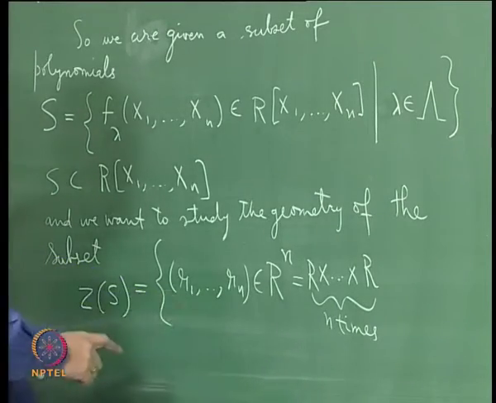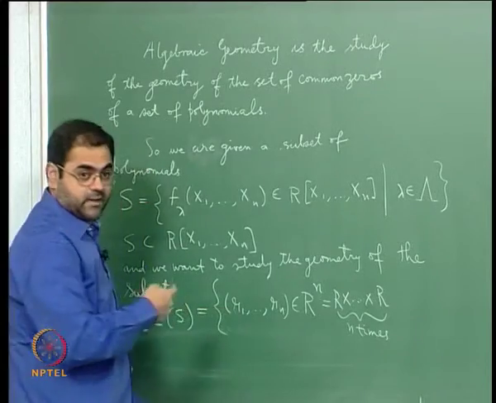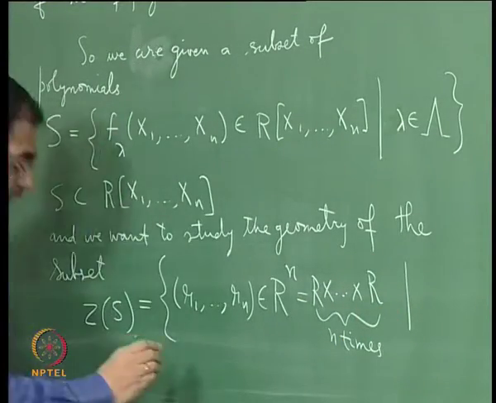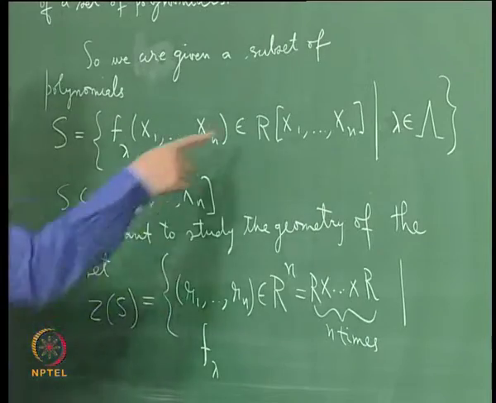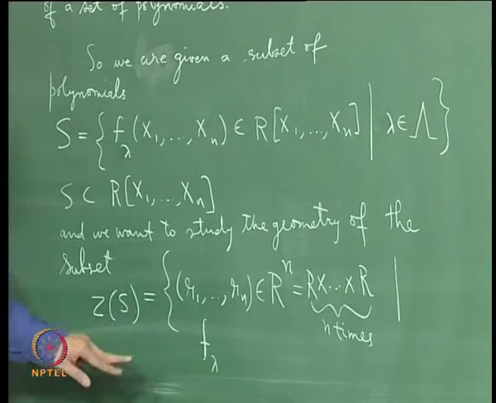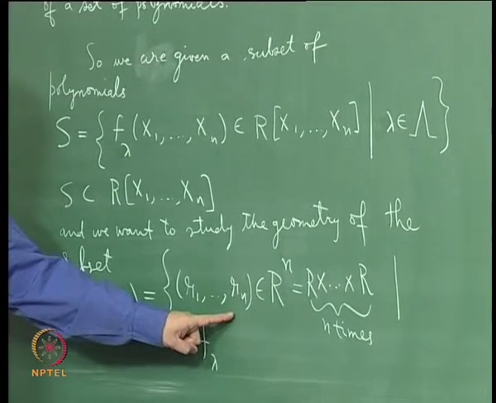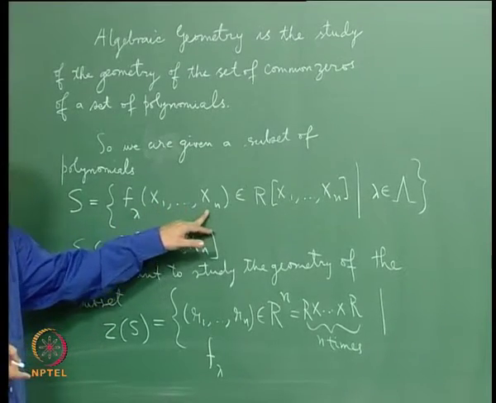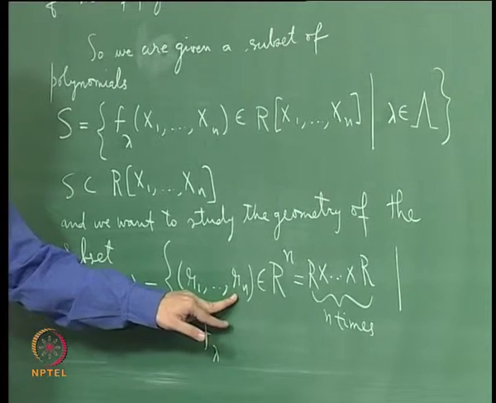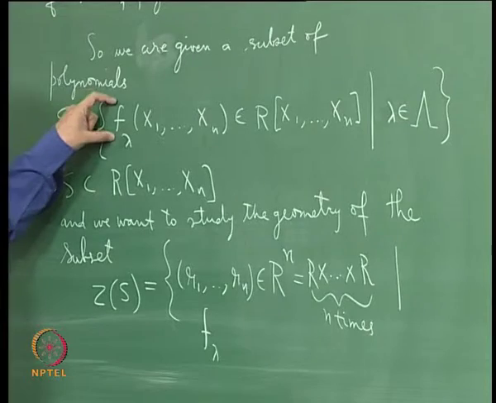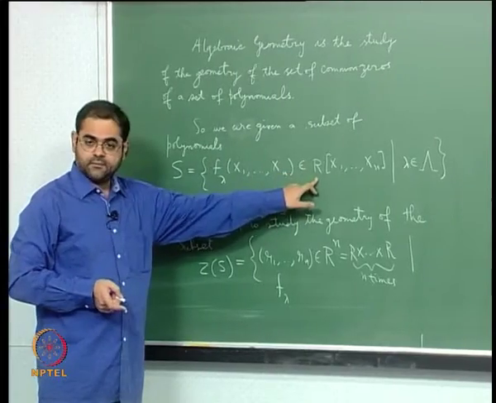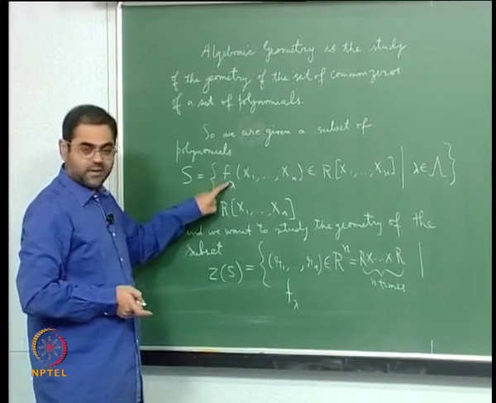So these are n-tuples of elements of R, each small ri is an element of capital R, such that if you plug in xi equal to ri, that is if you substitute for xi the corresponding ri in this tuple, or in other words if you substitute for the tuple x1 etc. xn the values r1 etc. rn in that order, and when you evaluate this polynomial, then you will get an element of R, and that has to be 0, and that should happen for every lambda, okay.